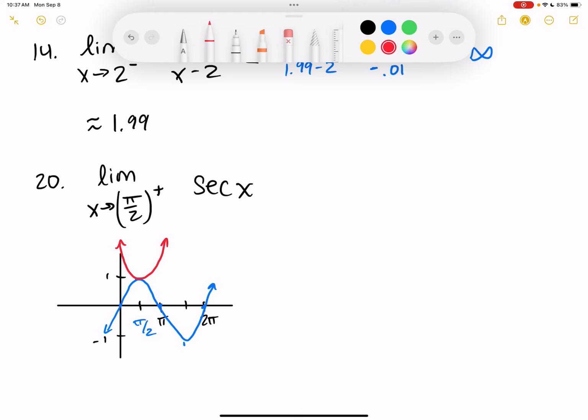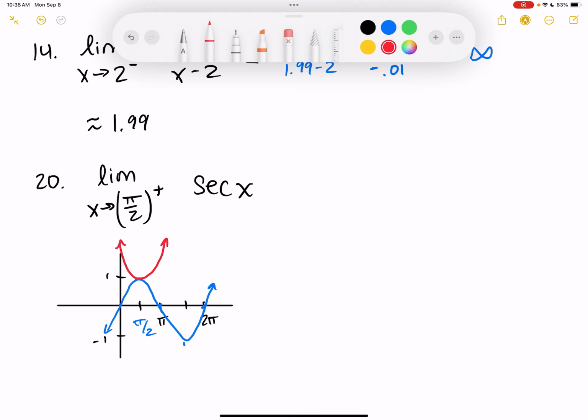Cosine of... Is this supposed to be pi over 2?